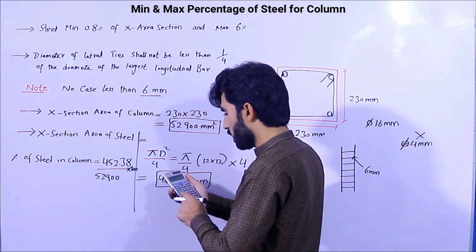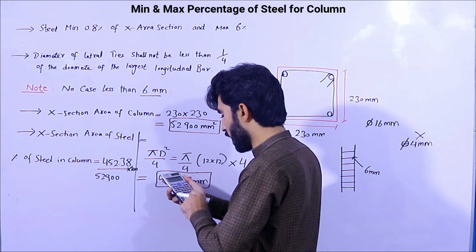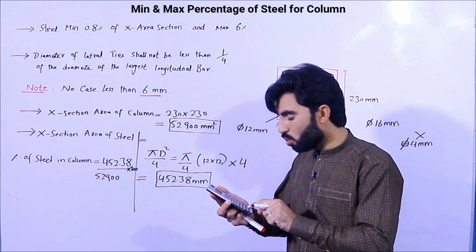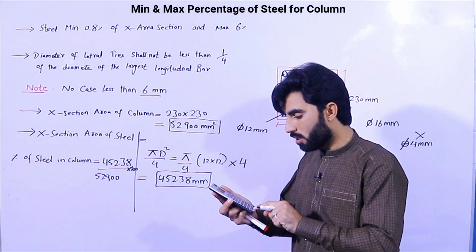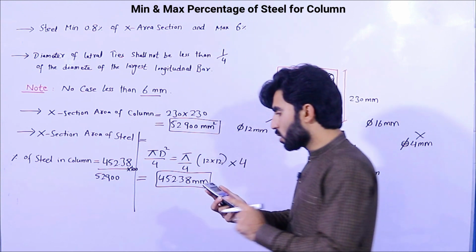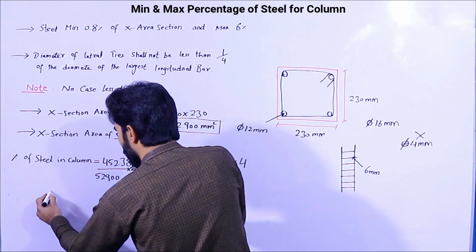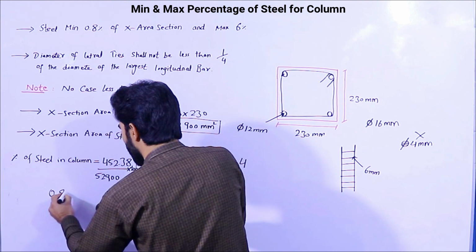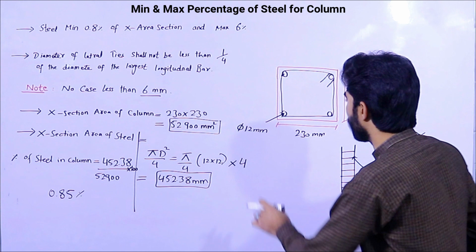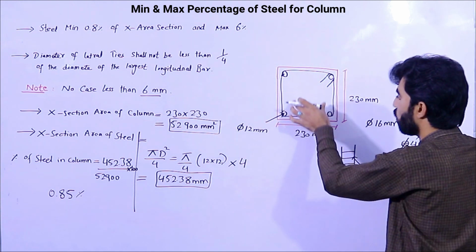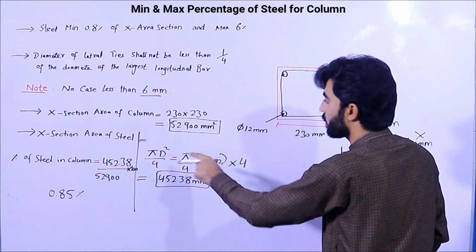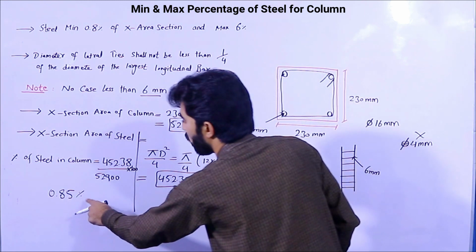So 452.38 divided by 52,900 multiply 100. So it becomes 0.85%. Okay, so the 12 millimeter dia, we have 4 numbers. According to this cross-sectional area, the percentage of steel is here 0.85%.